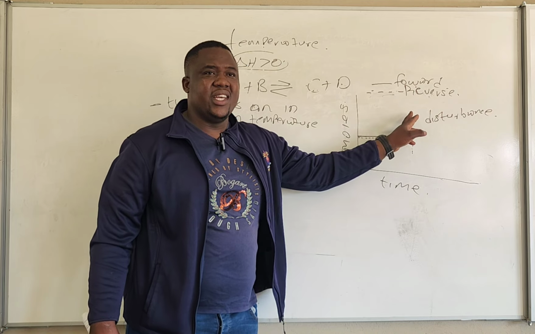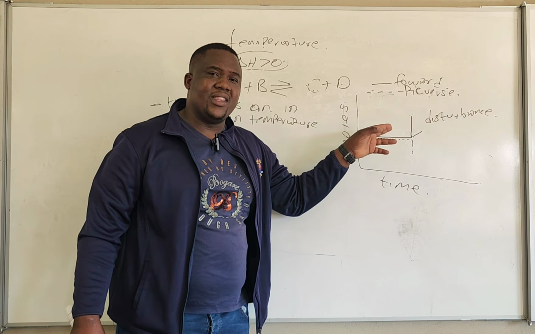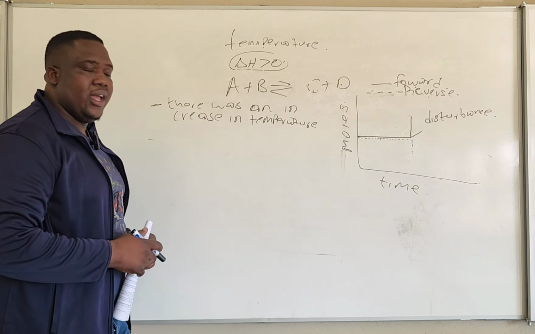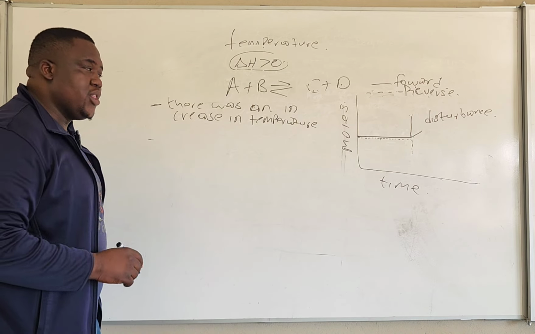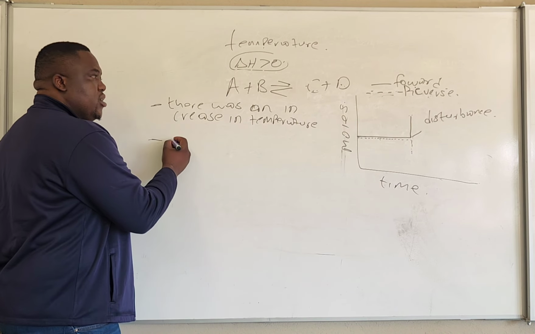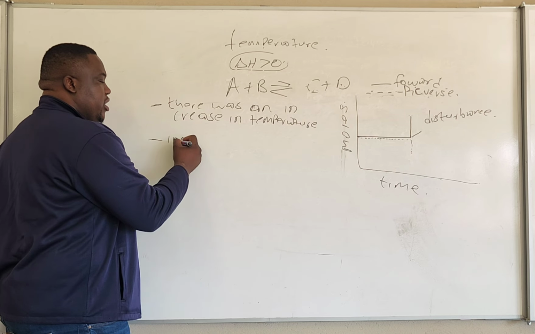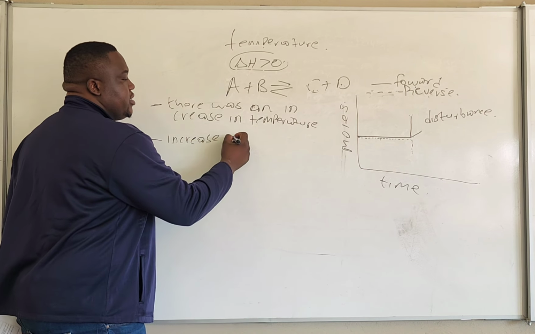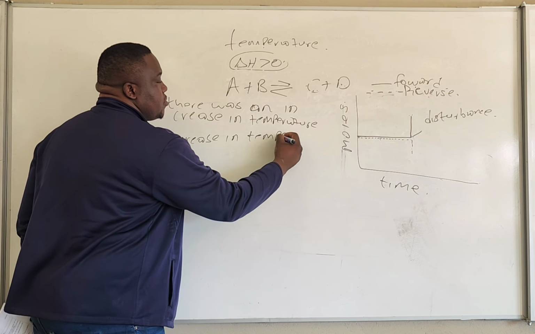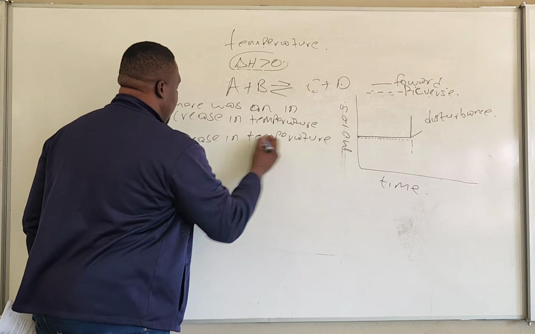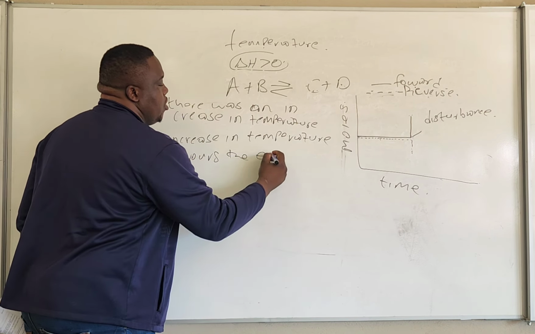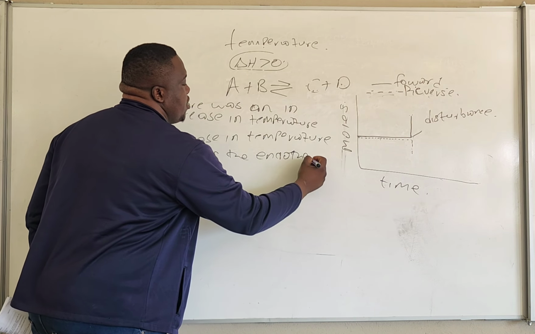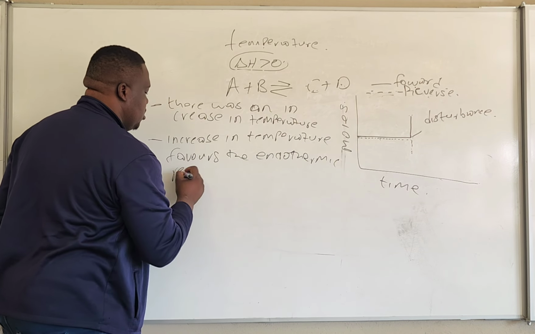When the temperature is increased, it is going to favor the endothermic reaction, because I told you that an increase in temperature favors the endothermic reaction. So we're going to say an increase in temperature favors the endothermic reaction.